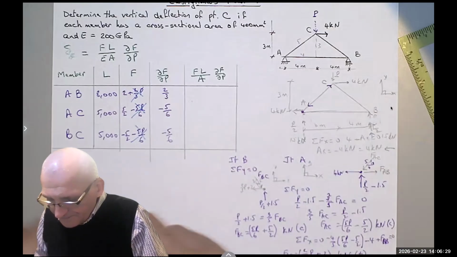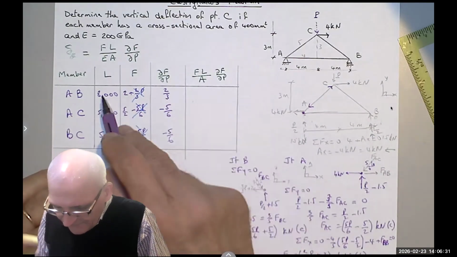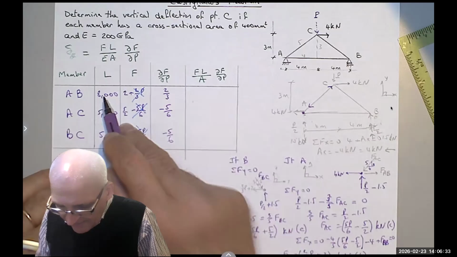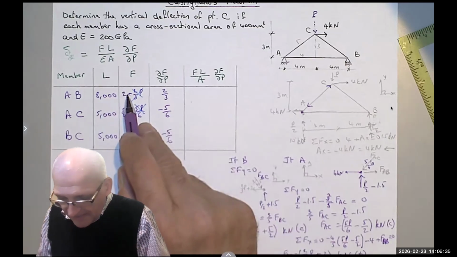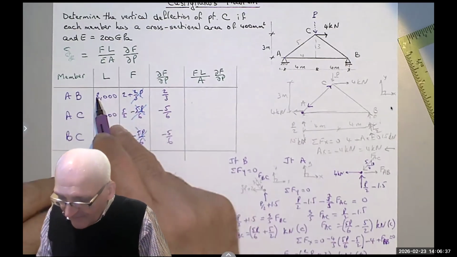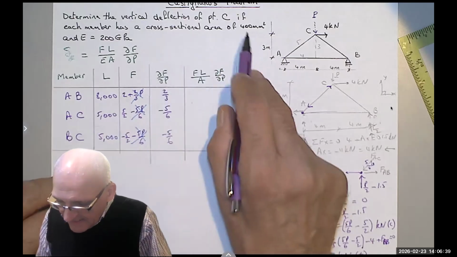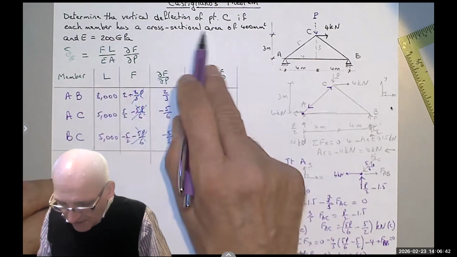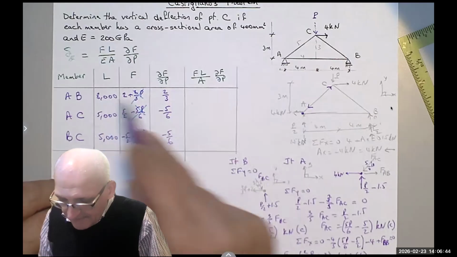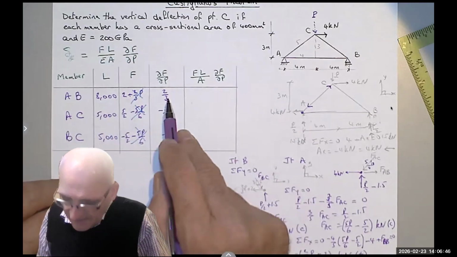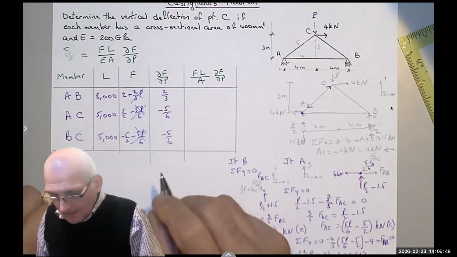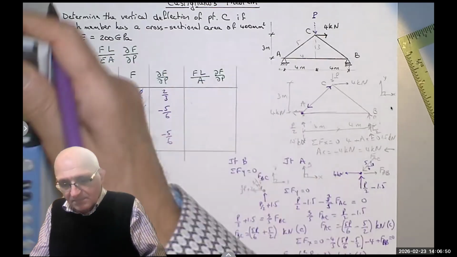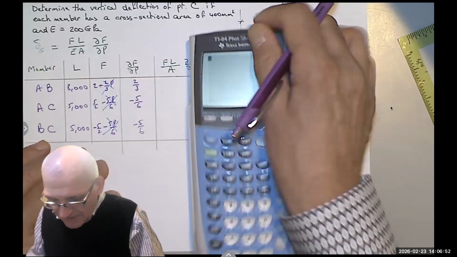So now I'm going to multiply F, which is 2, times L, divided by A, which is 400, and then multiply by 2/3. Let's see what we get. We can simply use the calculator.